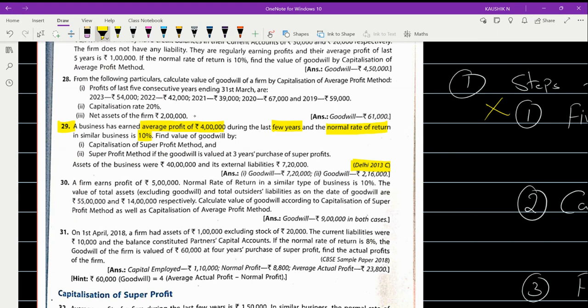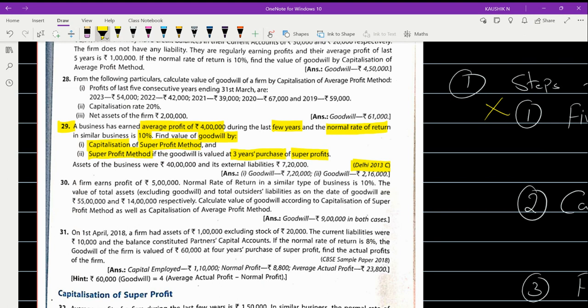They are asking you to find the value of goodwill by number one, capitalization of super profit method, and number two, super profit method if goodwill is to be valued at 3 years purchase of super profit. So in the second category, you have to find goodwill by super profit method, with 3 years purchase.